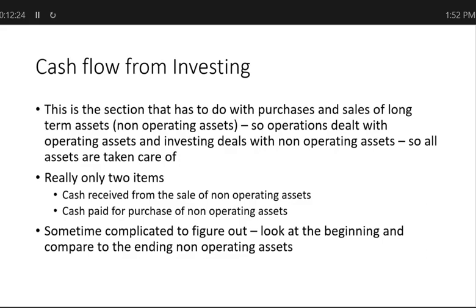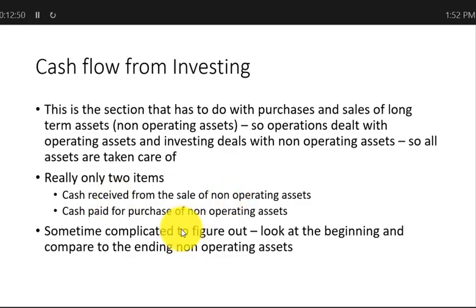Now, after we consider the investing section, we'll have dealt with all assets. Any change in assets either gets considered in operating or investing. So there's really only two items: cash received from the sale of non-operating assets and cash paid for the purchase of non-operating assets.